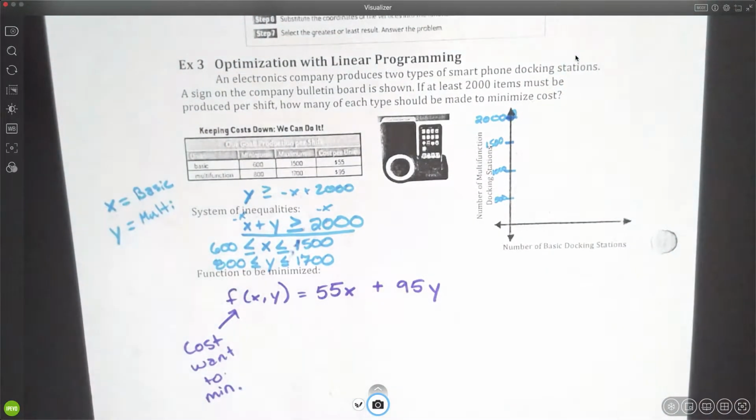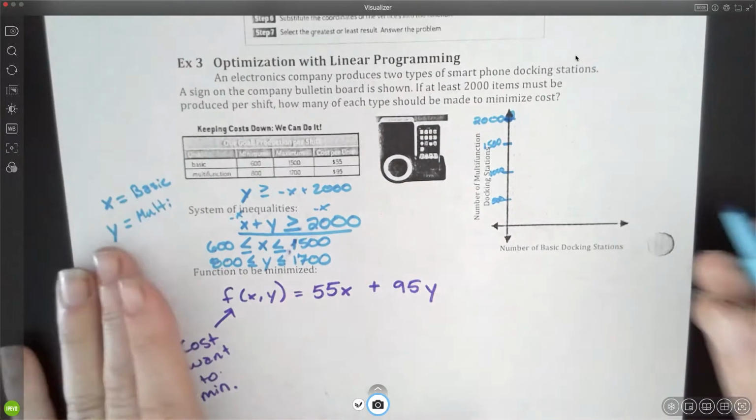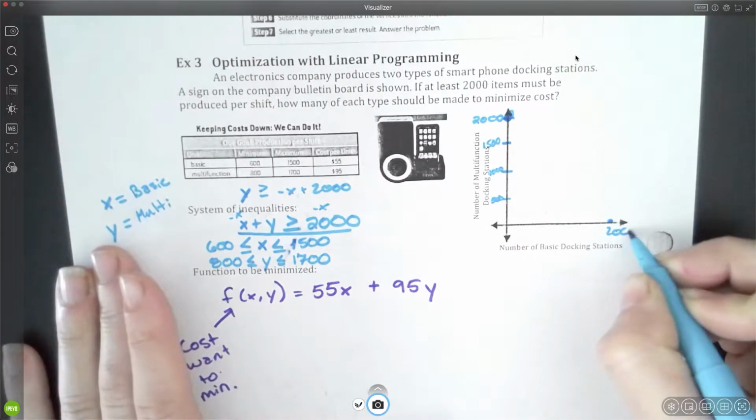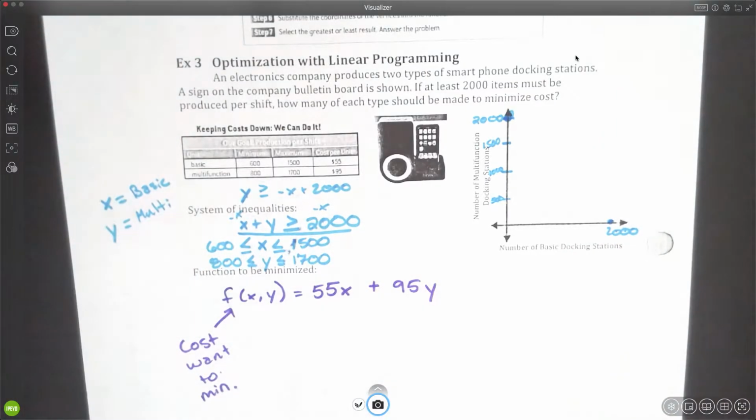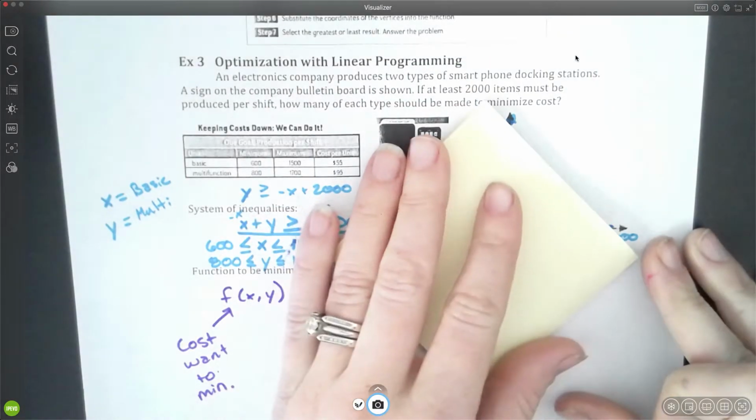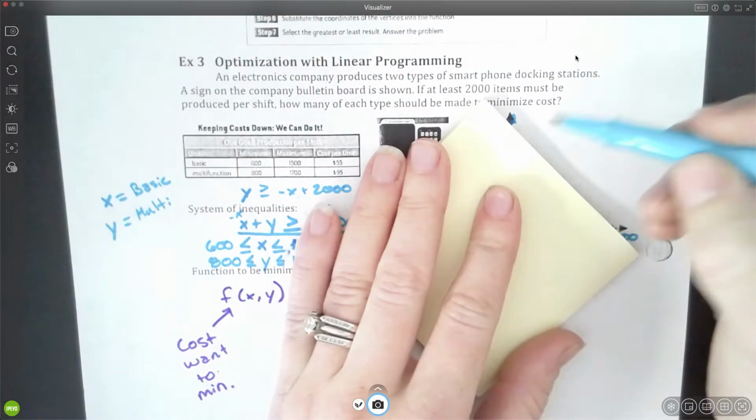Where is he going to touch on the right side? 2,000 again, right? It keeps going the same ratio. I'm going to put my dot, and if you have a straight edge, great. Draw your line nicely. There's my line.